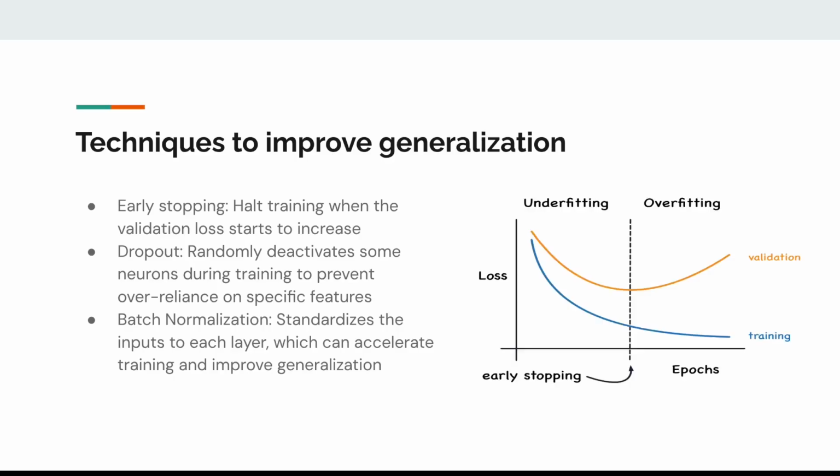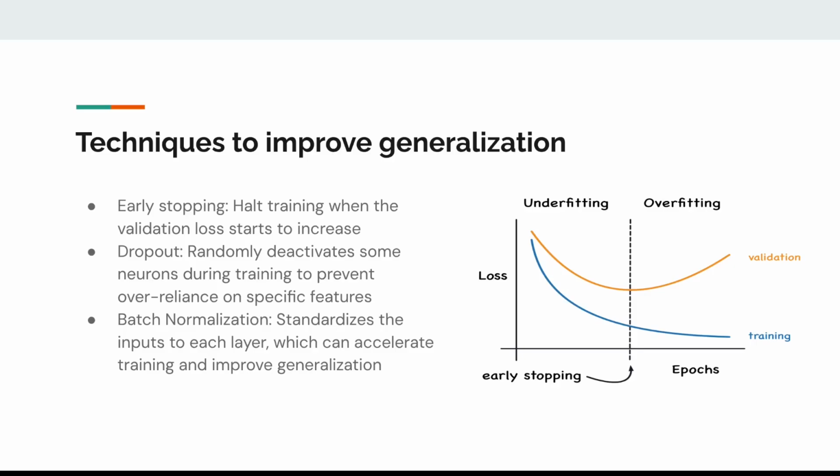To prevent overfitting, we can use a few techniques like early stopping. Early stopping refers to when we see that the model is starting to memorize data instead of learning, we stop the training process.